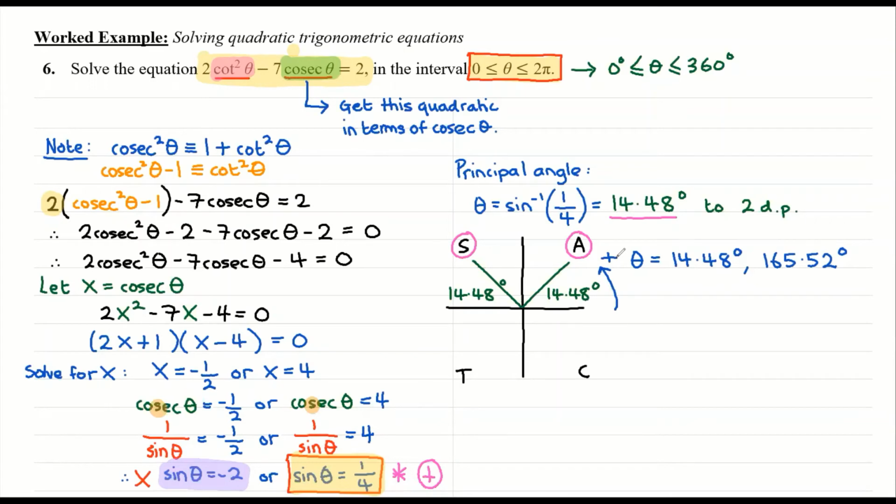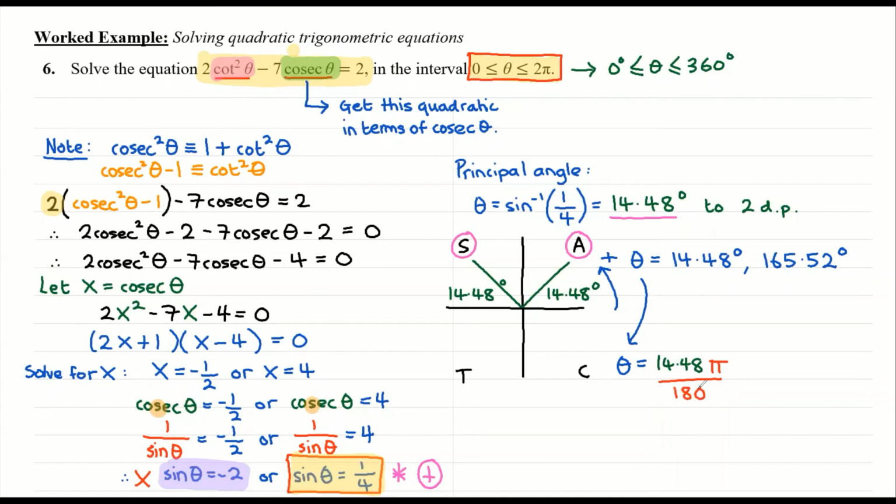Now, what we have to do now is make sure we've got them in the right units. So we need to convert to radians. To do that, I'm just going to go down here so I've got a bit more space. So for my answer theta, I simply have to multiply each of these answers by pi over 180. So we've got 14.48 multiplied by pi over 180, and that will be in radians.